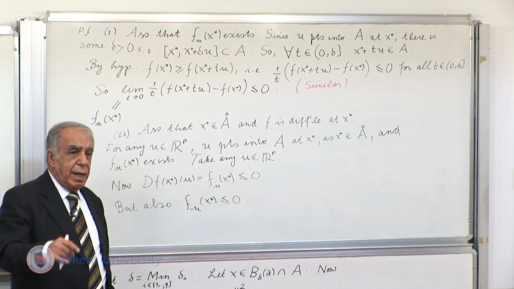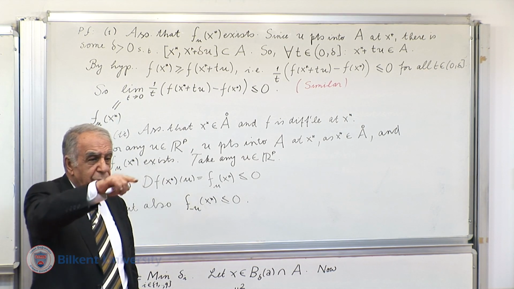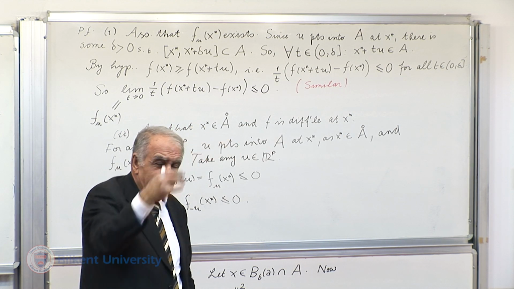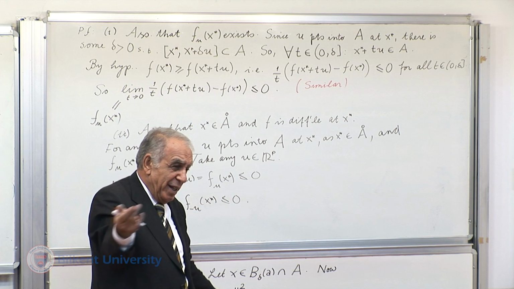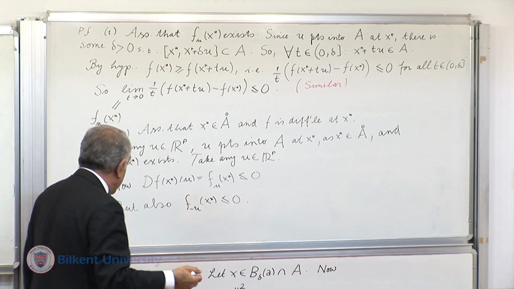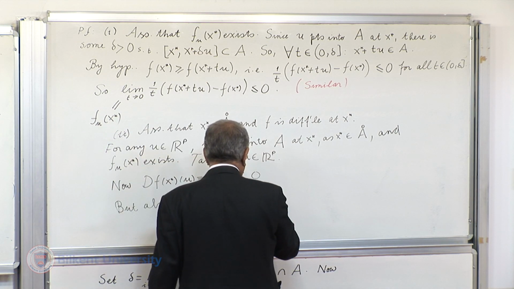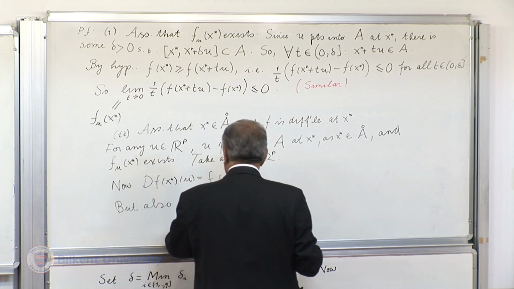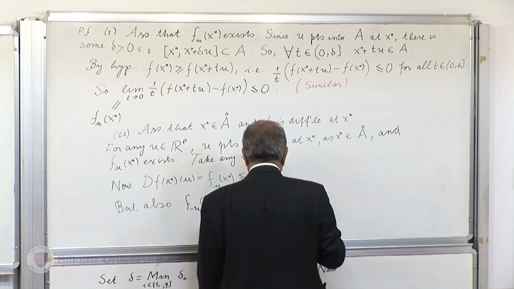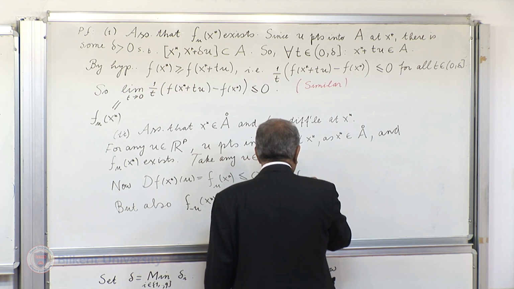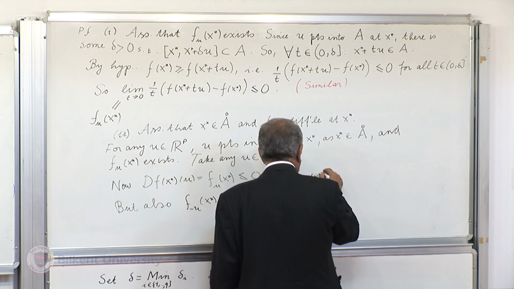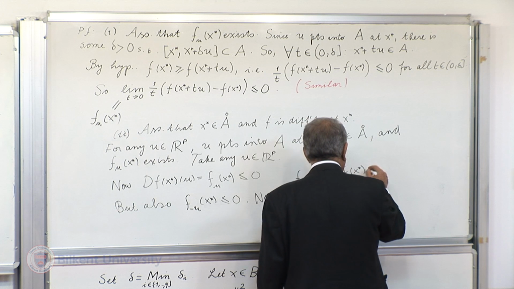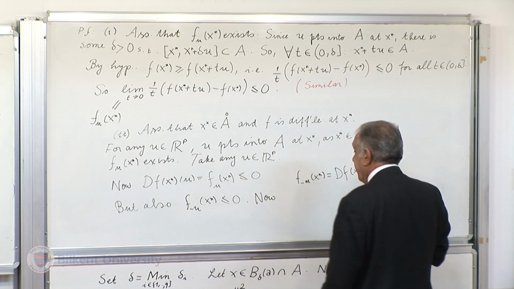Well, pictorially, you go in the direction of u, you go downhill, but you're at the top. Well, if you go just in the opposite direction, you go downhill as well. So that's what this means. But now, how are these related to each other? F minus u of x star and f u of x star. F minus u of x star, that's equal to the f of x star at minus u.